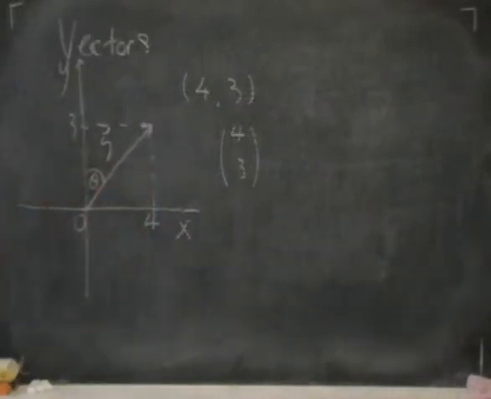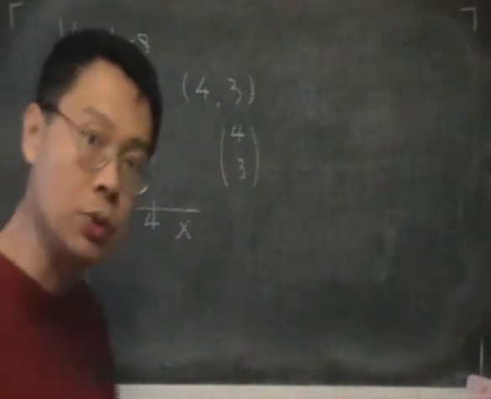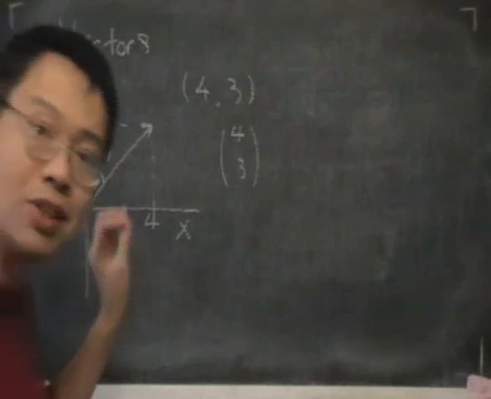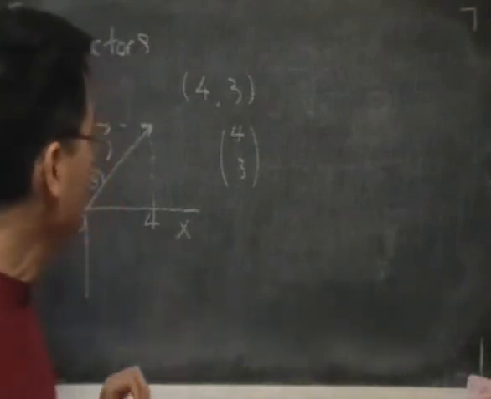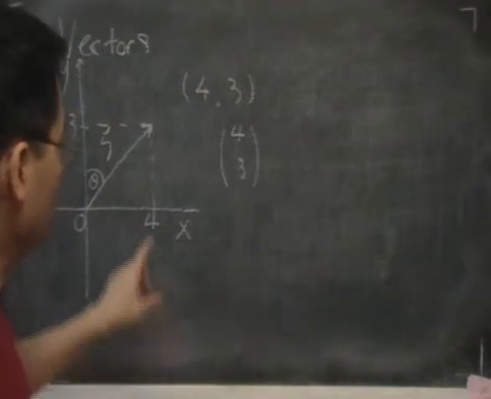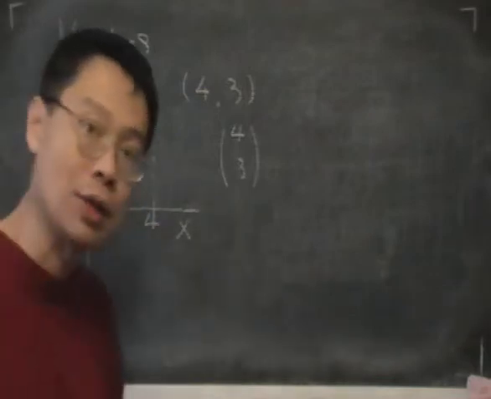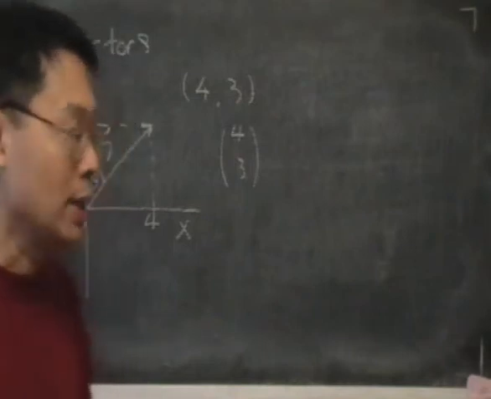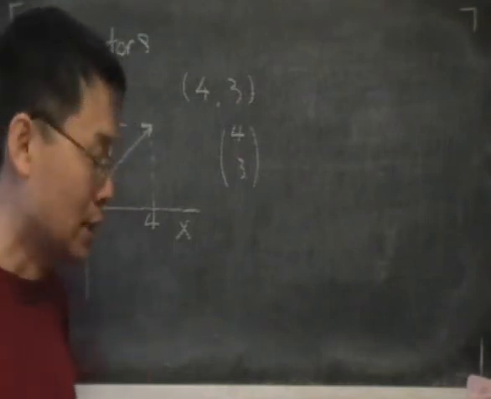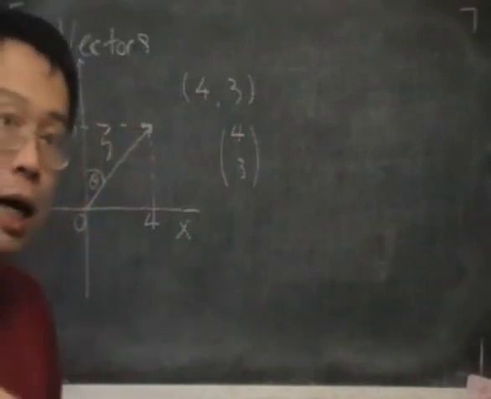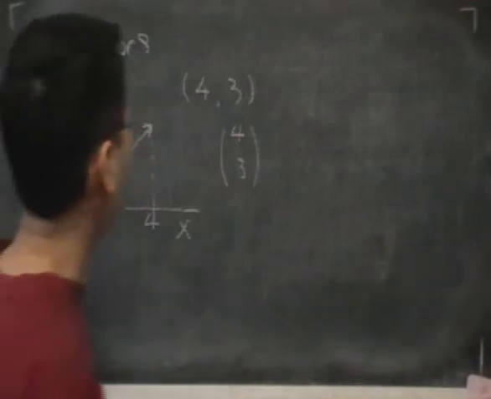So one thing that we could do is to see how we would add vectors. Using this way to represent a vector with the x and y values, there is actually a very easy way to add two vectors. Now let's refresh our memory on how to add vectors.